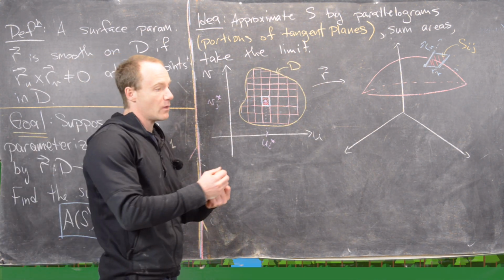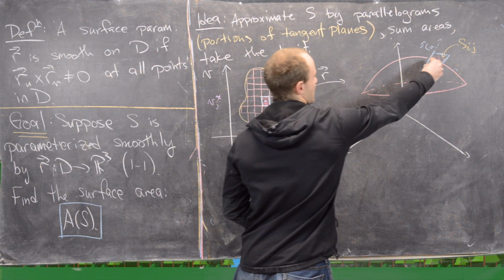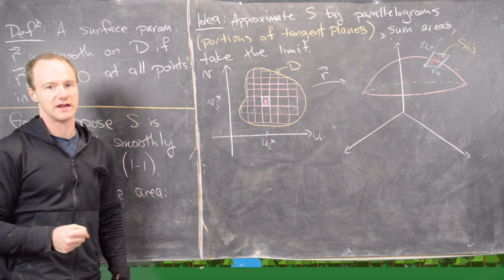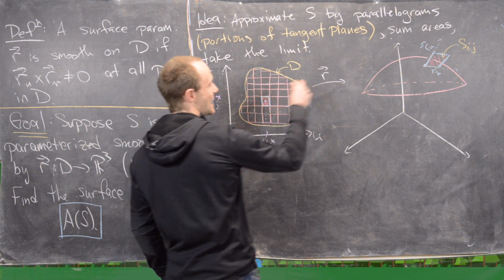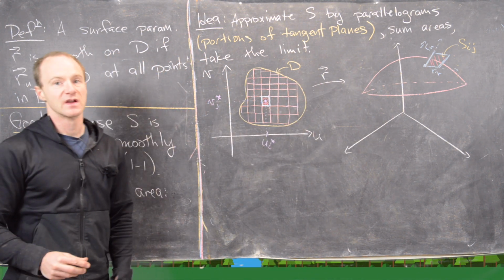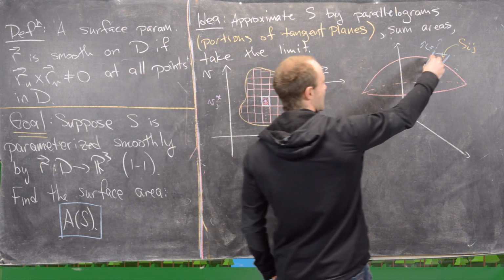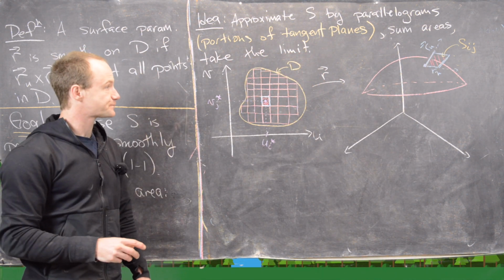But we don't want to find the exact area of the patch which goes over here to this surface, because if we could do that, then we could find the surface area already. We want to approximate the area of the image of this patch. So I've done that by taking this patch over here and approximating its image by this parallelogram.